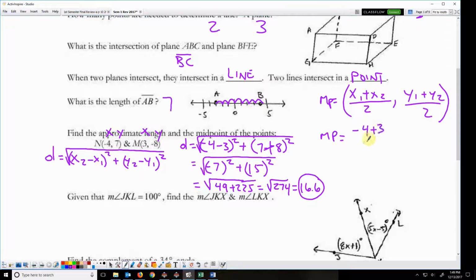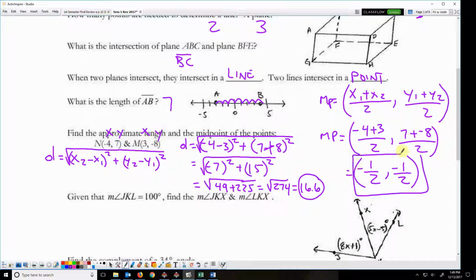Negative 4 plus 3 divided by 2. And the y's, 7 plus negative 8 divided by 2. Negative 4 plus 3 is negative 1. And 7 plus negative 8 is also negative 1. So there's my midpoint, negative 1/2, negative 1/2.